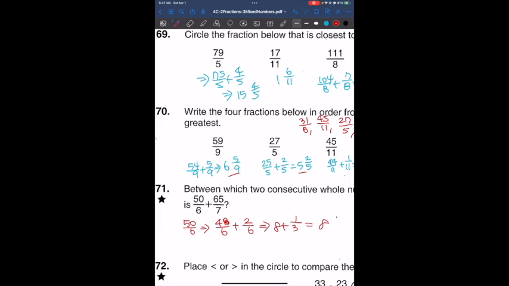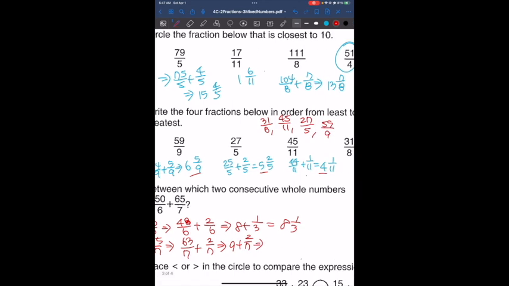So 8 1/3. And 65/7 can be written as 63/7 plus 2/7. So that's going to be 9 plus 2/7. So that would be 9 2/7.